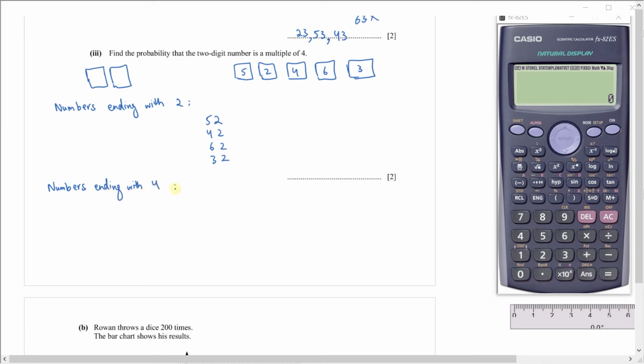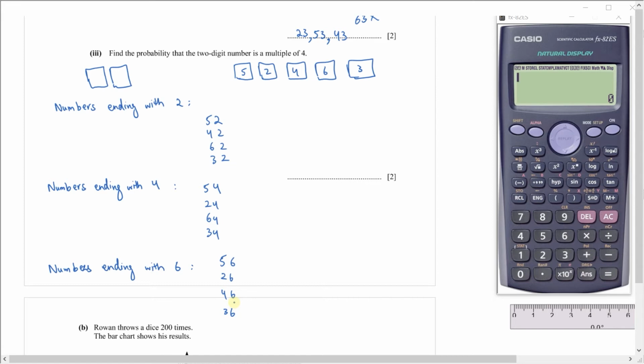They could also be multiples of 4. So if you have number ending with 4, you could have 54. You can have 24, 64, and 34. And then you have numbers ending with 6. So you could have 6 as the second. So 56, 26, 46, and 36.